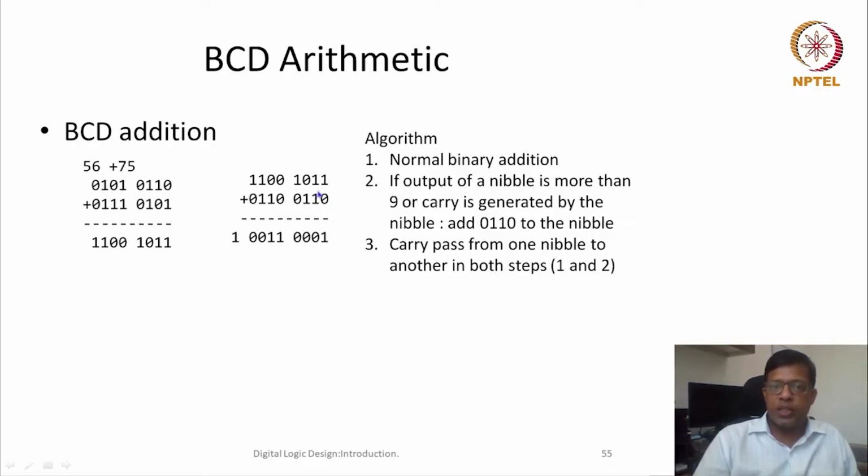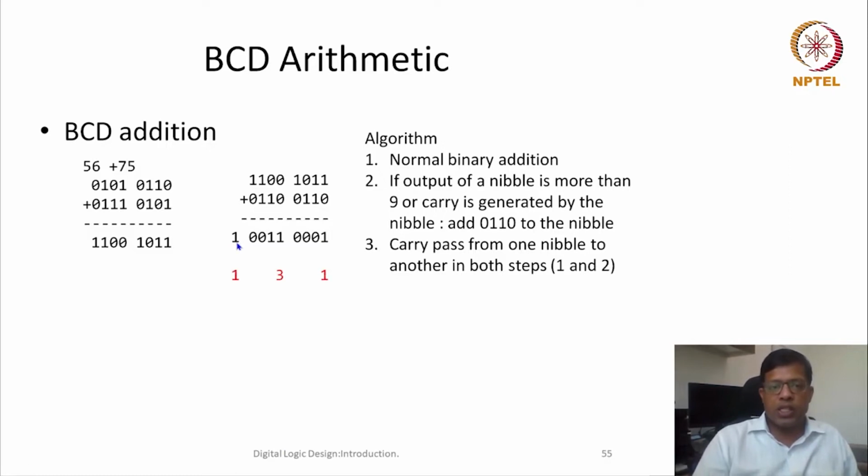So let's see here. 1 plus 0 is 1, and 1 plus 1 is 0, carry of 1. Carry of 1 plus 1 equal to 0, another carry is generated. Carry plus 1 equal to 0, another carry is generated, and that carry would be added here. Rest of the addition: 0 plus 1 is 1, 1 plus 1 is 0, another carry is generated. 1 plus 0 is 1, plus a carry of 1 plus this one equal to 0, and a carry of 1 is generated.